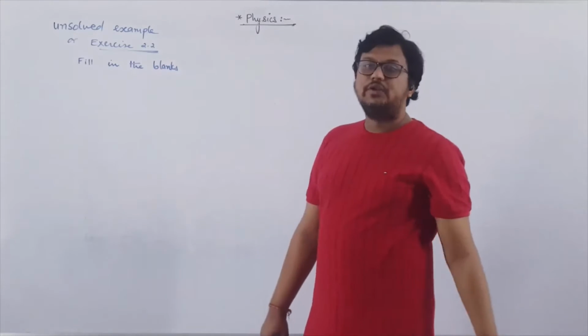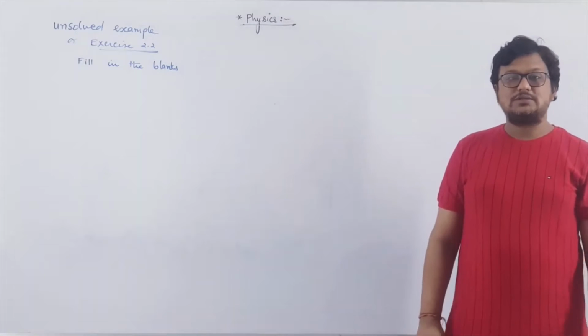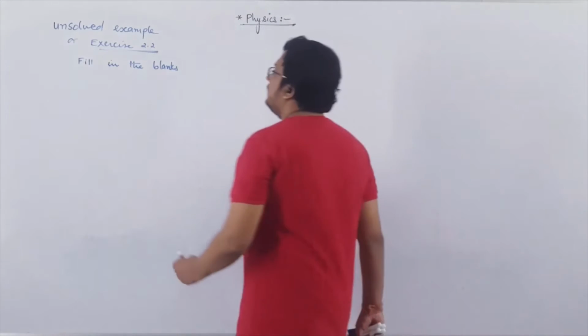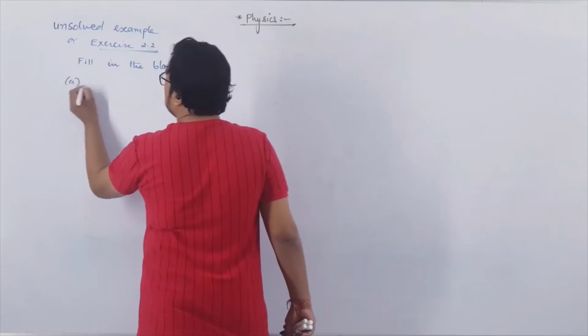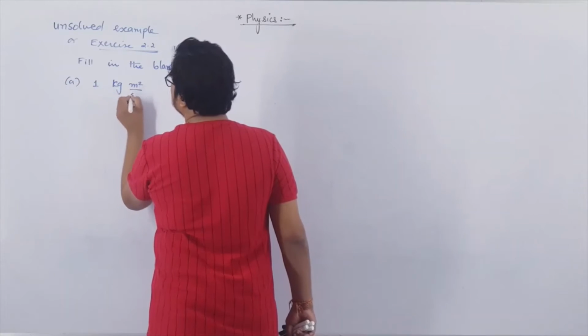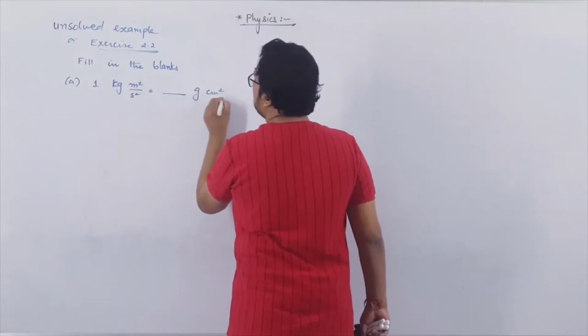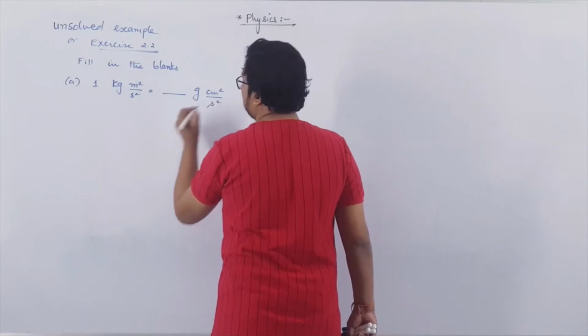The first one, A, is 1 kg meter square per second square is equal to blank gram centimeter square per second square.